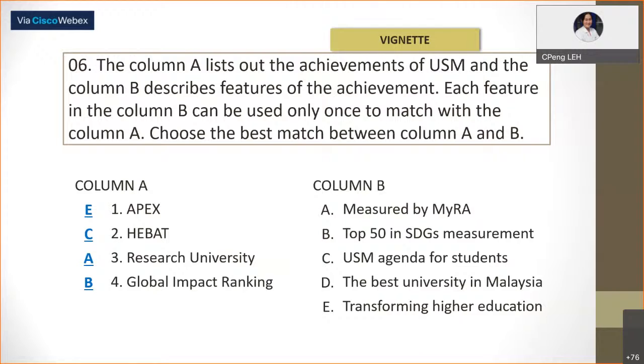If we ask an application question for this kind of matching type question, is it possible? Yes, as I mentioned just now, you can modify this into a higher level, but we need to give more information for the student to apply whatever information they have about the task in column A, so that they can apply it in this new situation in column B. Yes, definitely. It's definitely not limited based on the question types.